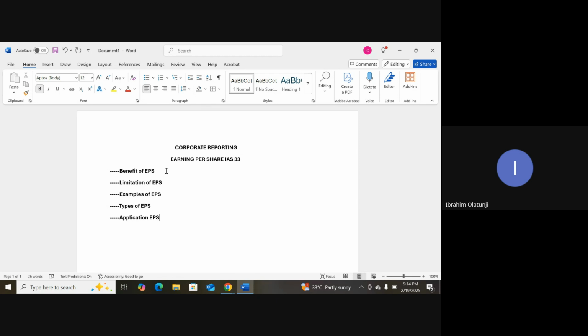Not only that, earnings per share is important in terms of the share price of an entity. It has an impact on the share price of an entity.